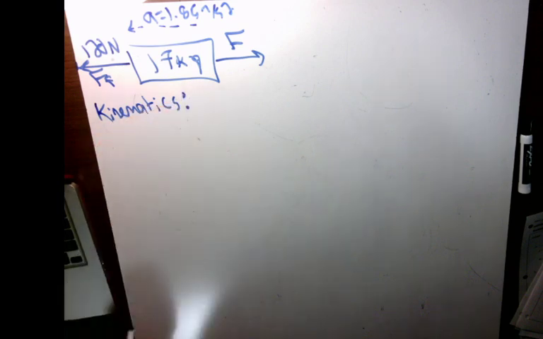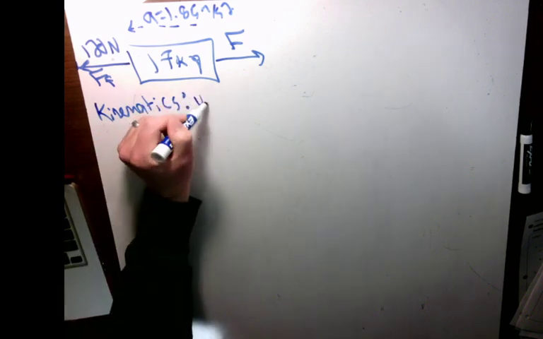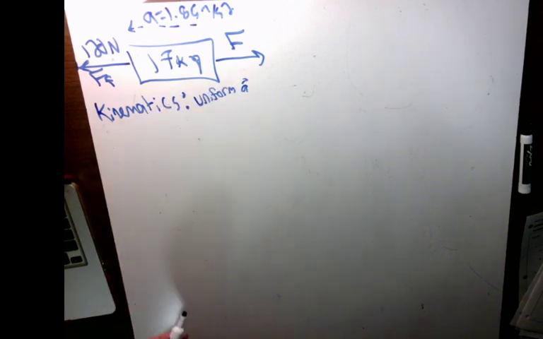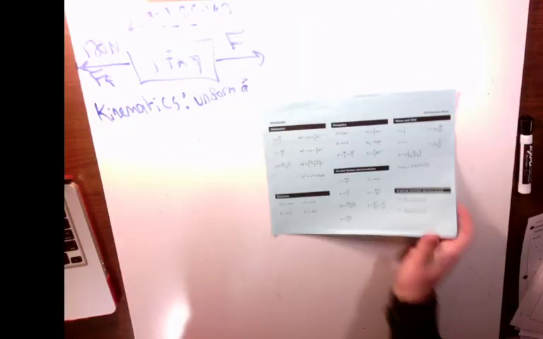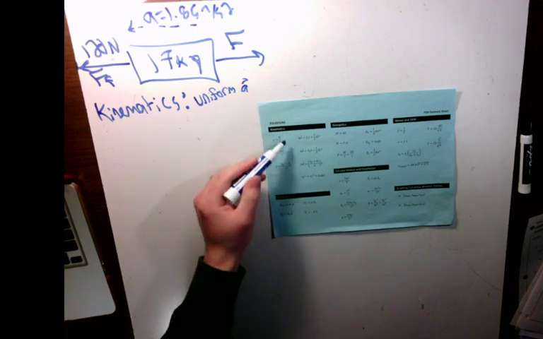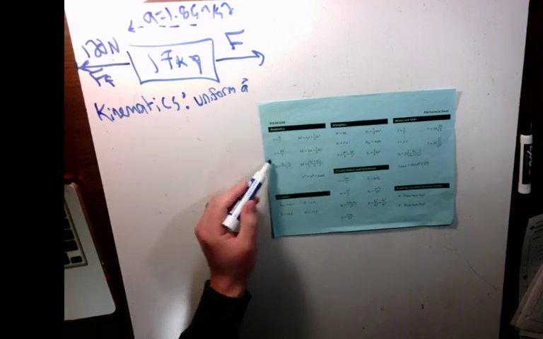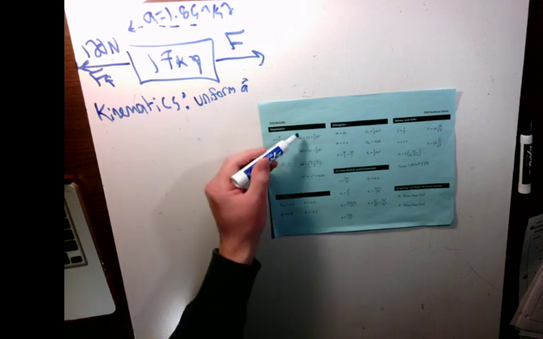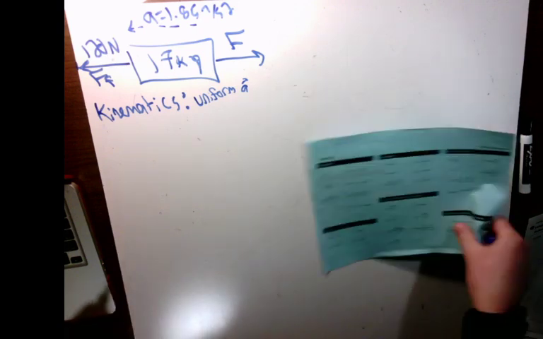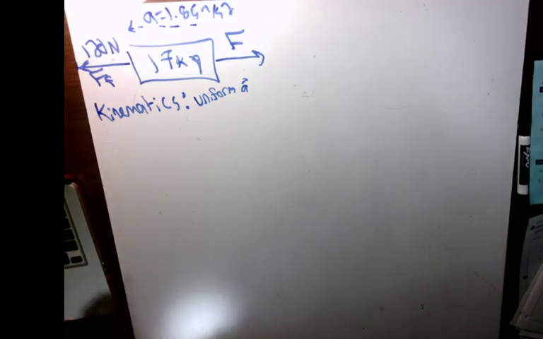Here we're working with uniform acceleration. Instead of using those formulas for uniform motion, we're now able to choose from our 5 other equations for uniform acceleration. And we're going to choose that based on what we don't know and don't care about in the question.